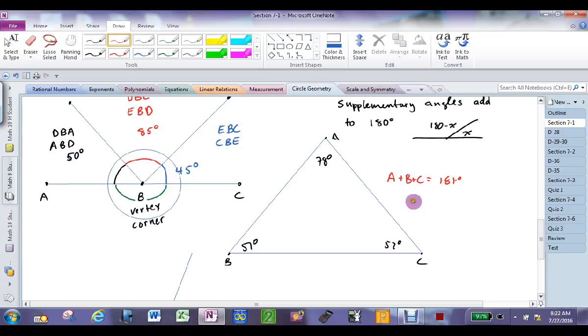So that tells us that triangles always are supplementary. They always add to 180. So if you know two of the triangle angles, do you know the third automatically? Yes. Everybody good with that?